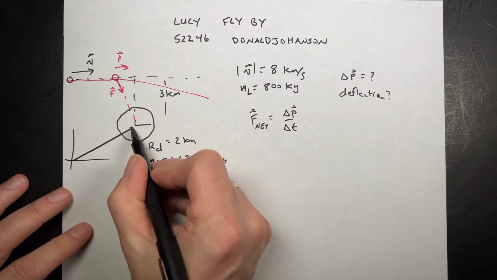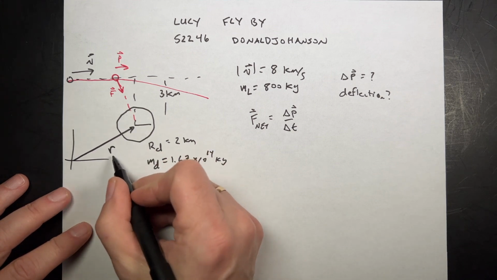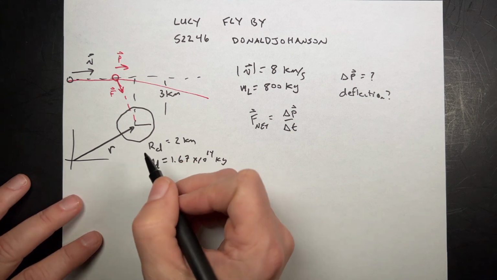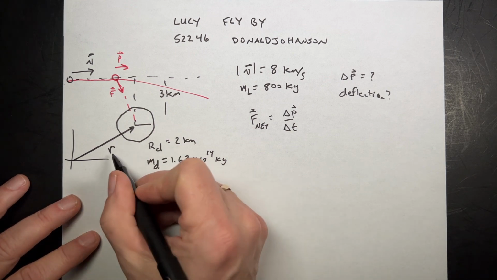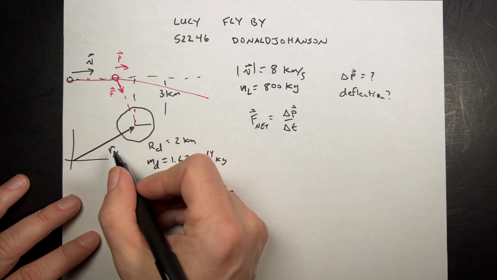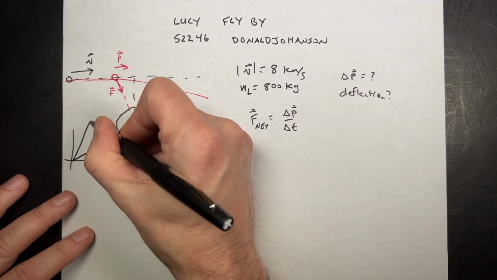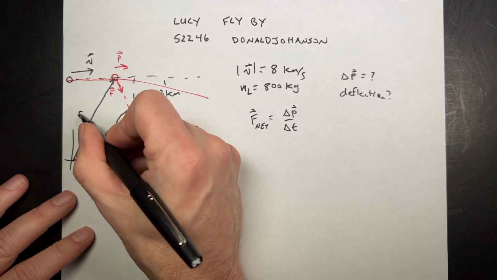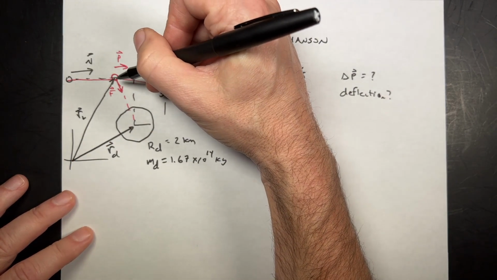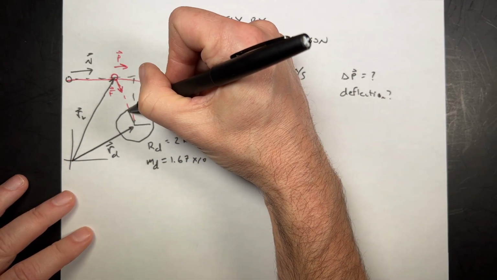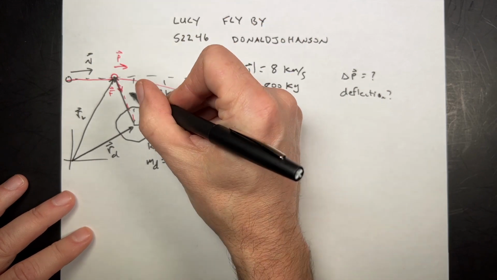I have the position of the asteroid, I'll call it R, actually, RD for Donald Johanson. And then I have the vector location of Lucy, RL. And then I can find this vector like that. I'm going to call that just R.